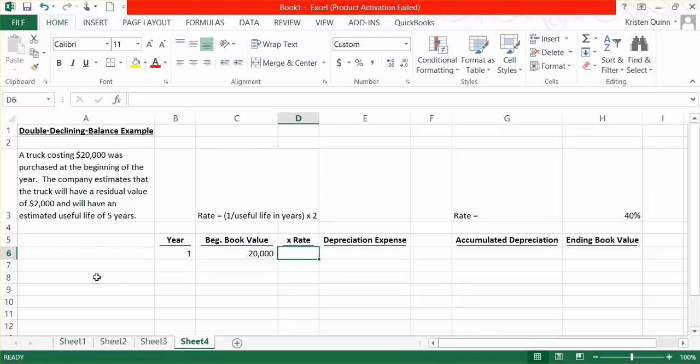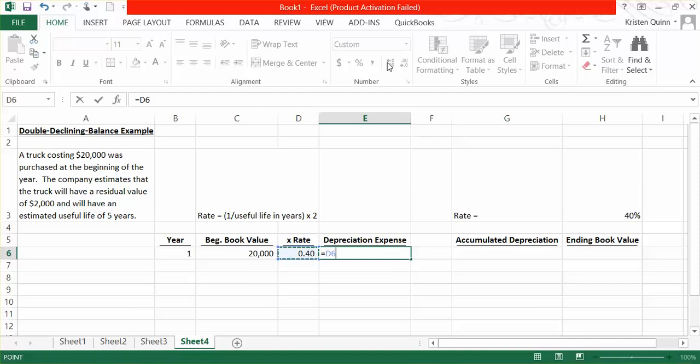We're going to multiply it by our depreciation rate of 0.4. So we take our $20,000 initial cost and multiply it by our depreciation rate of 40% in order to arrive at our depreciation expense for the first year.